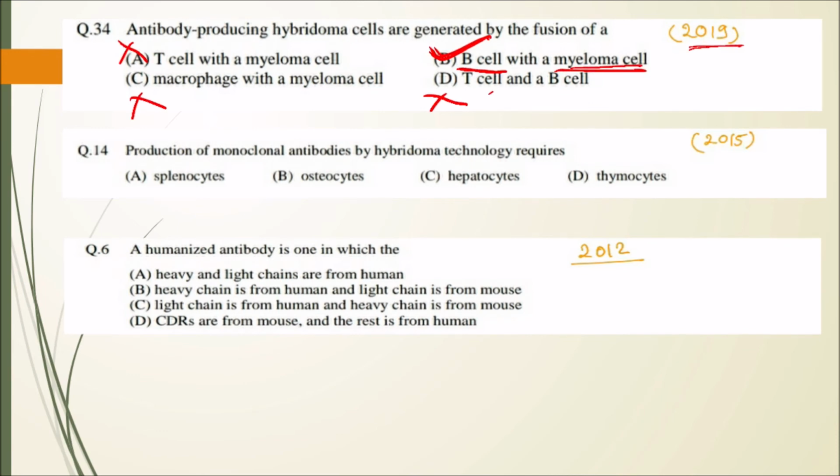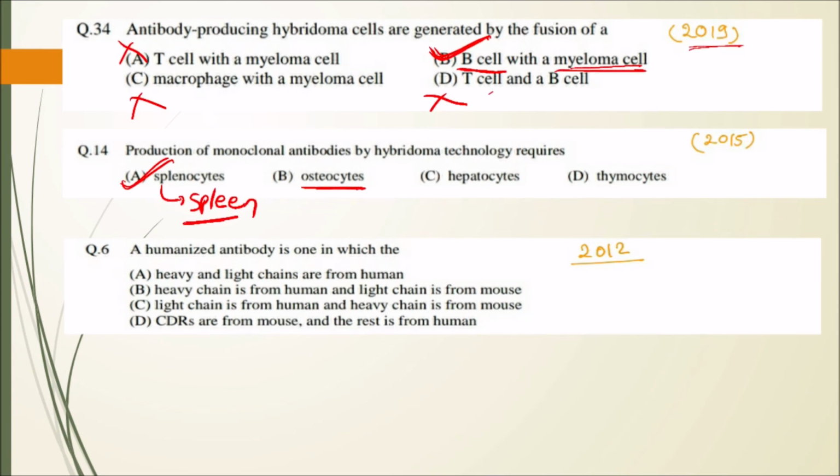Another question is, production of monoclonal antibodies by hybridoma technology requires splenocytes, osteocytes, hepatocytes, or thymocytes. So what will be your answer? Splenocytes. I said in the beginning of this lesson that the B cells are taken from the spleen. It is a site for B cell maturation.